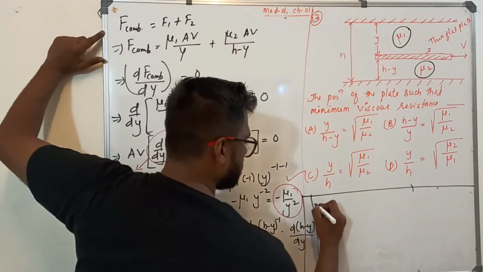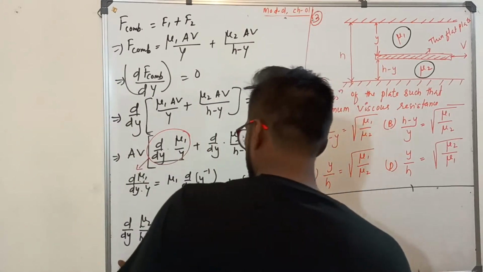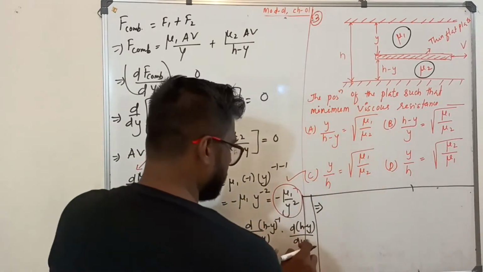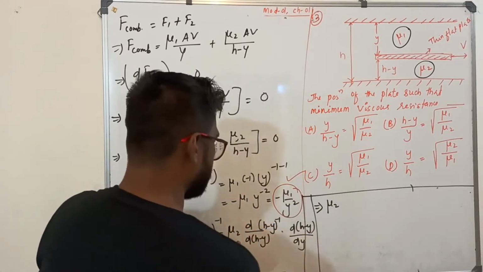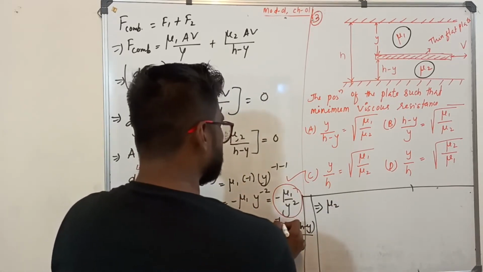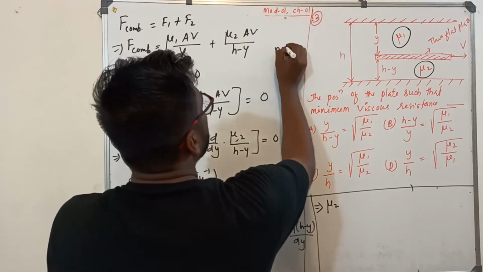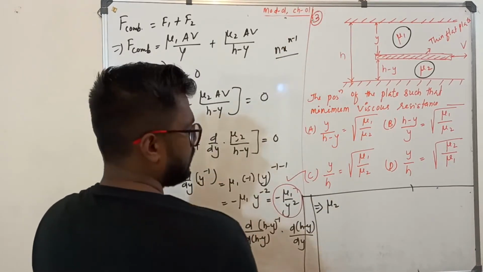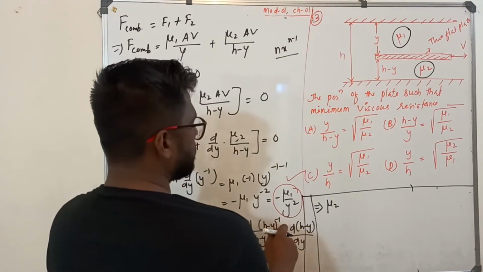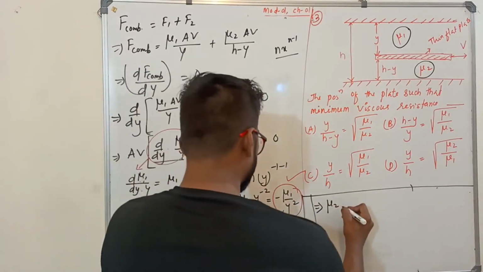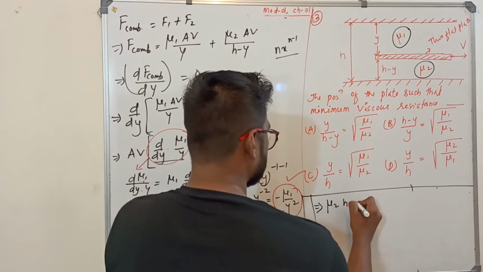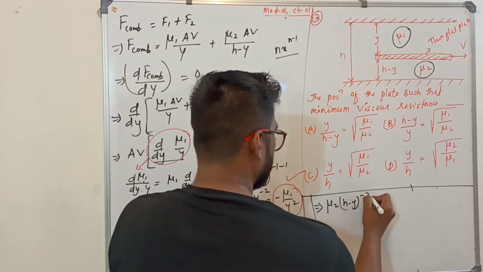Now see this. This implies, I am continuing here. Mu2 is here, h minus y to the power minus 1. Again, what was the formula? n x to the power n minus 1. So h minus y to the power minus 1 minus 1, so minus 2. Mu2 into h minus y to the power minus 2.